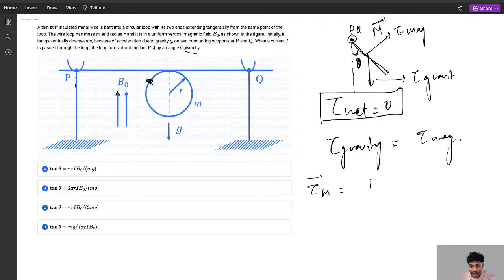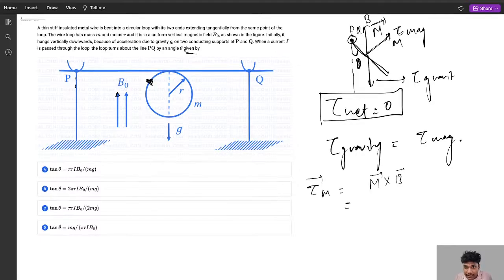That is m cross B. If you see the magnetic field in the B cap direction and the magnetic moment in this direction, if this is theta, then this is 90 minus theta, the angle between m and B. That is mB sin(90 minus theta).